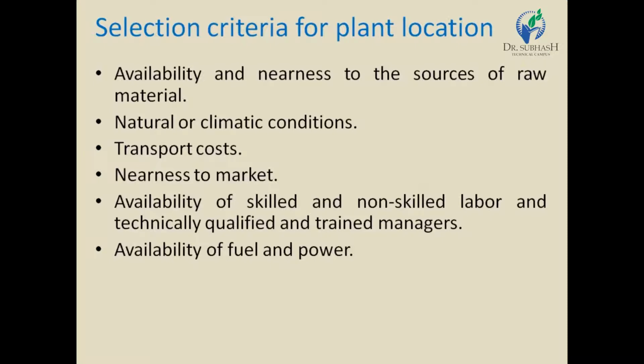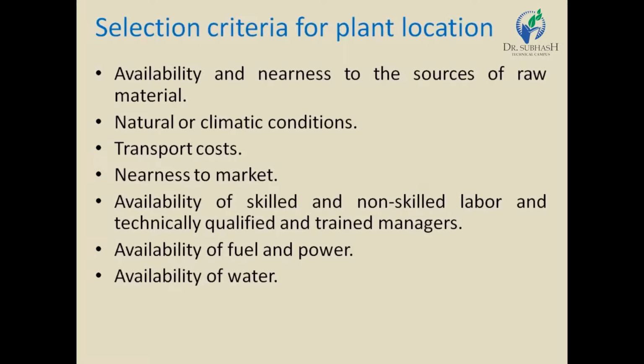For example, if you consider steel industries, they will be mostly established around the place where coal, which is the fuel that is used, is available in adequate amount. So this is also a point which one must keep in mind.